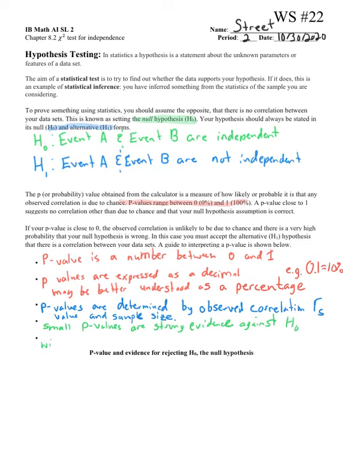And we just say with a small p-value, we reject the null hypothesis. And we'll talk about what type of values those would look like now.